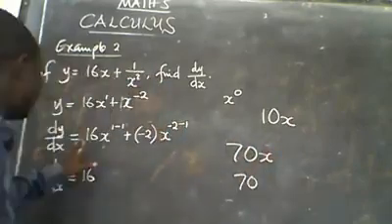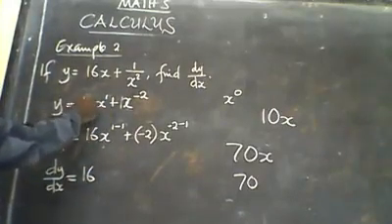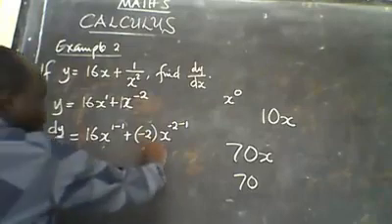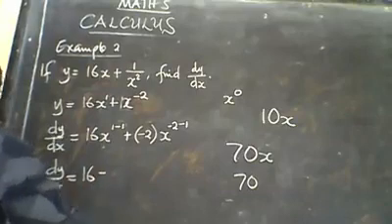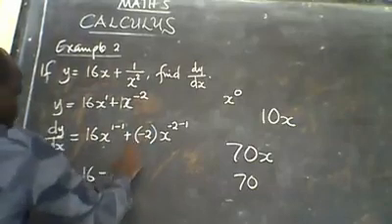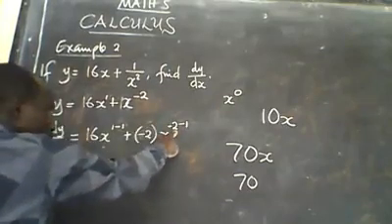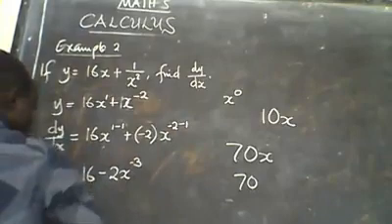This is what is happening here. So this one was 16x, so when we differentiate 16x, it will give us 16. Then now we can work on this. The positive and negative here gives us minus. Then I've got 2 here, then x to the power negative 2 minus 1. That gives us negative 3.